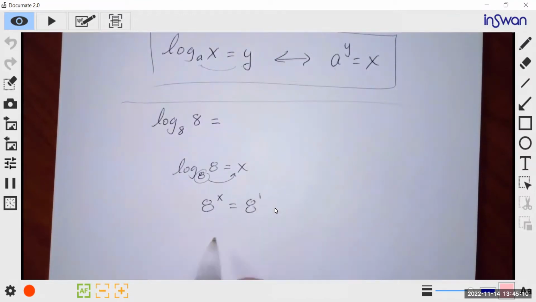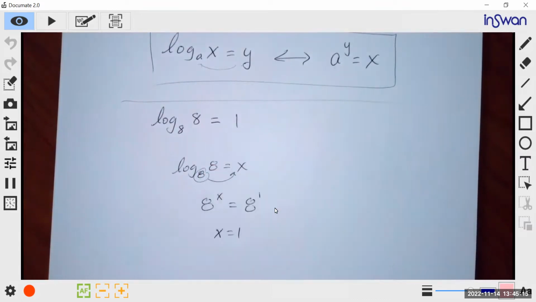Yeah, this is a 1, so X has to equal 1. That's your answer.